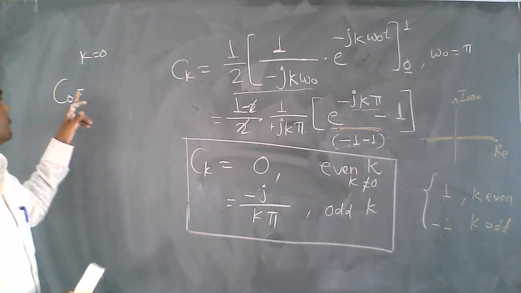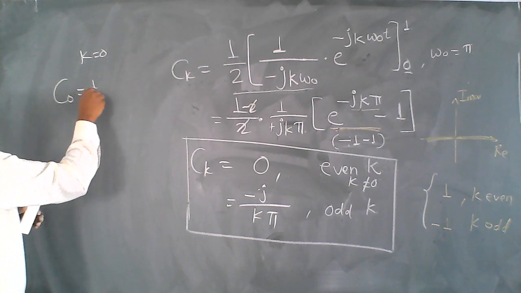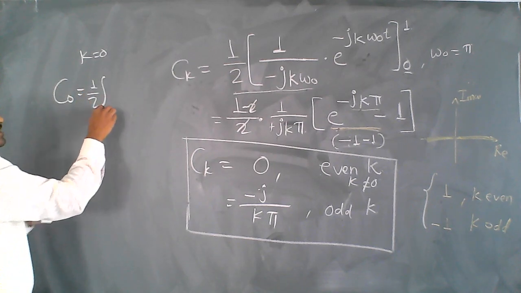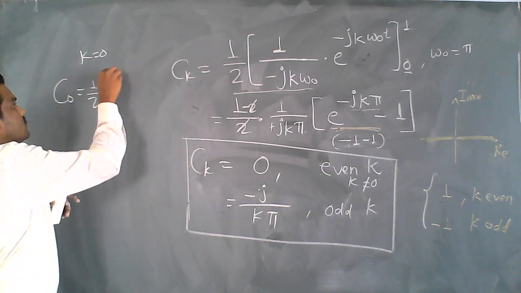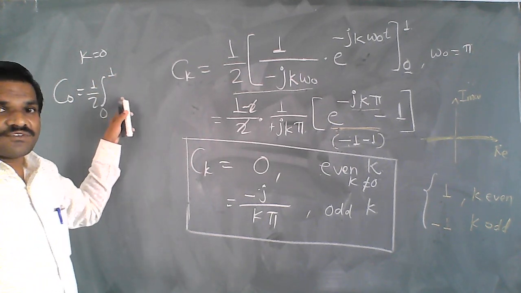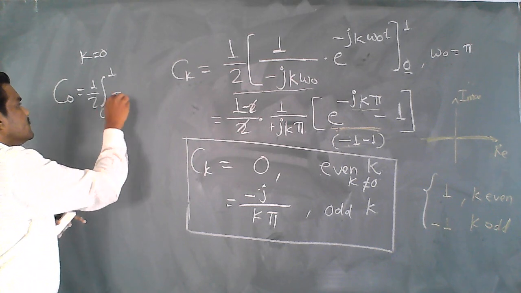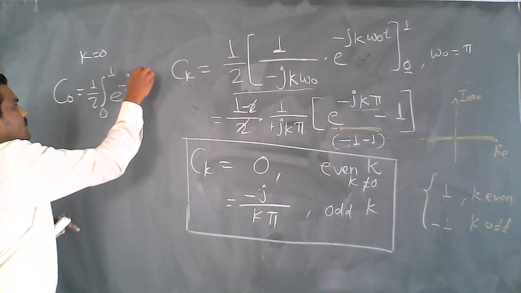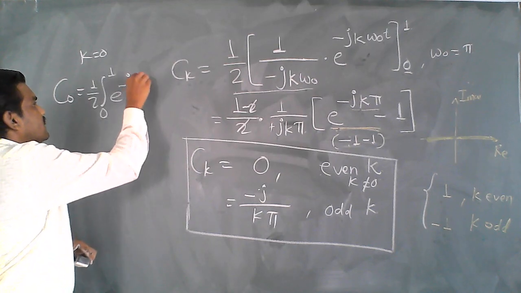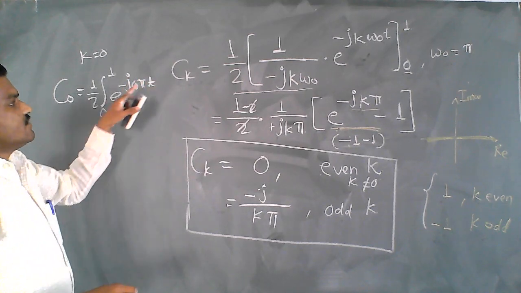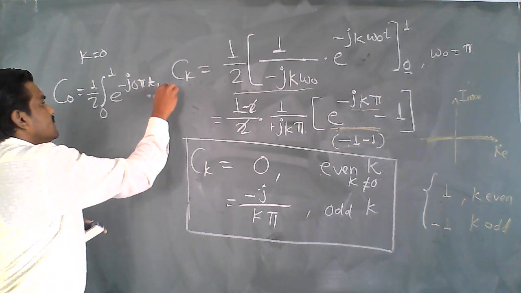We have c0 is nothing but 1 by 2 integration from 0 to 1 of x of t, where x of t is equal to 1, and then e to the power minus j 0 pi t, dt.